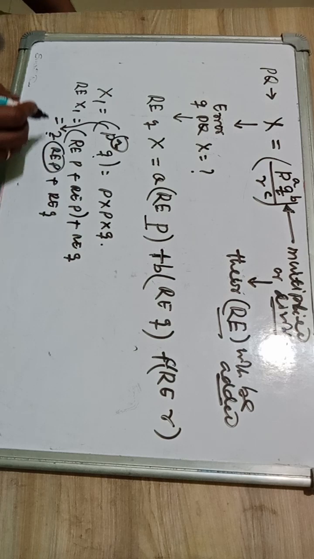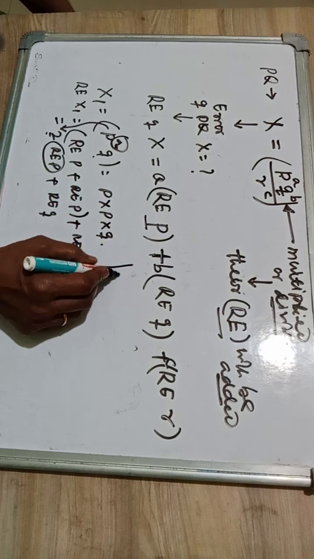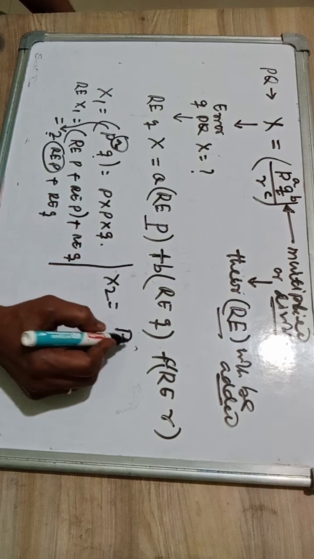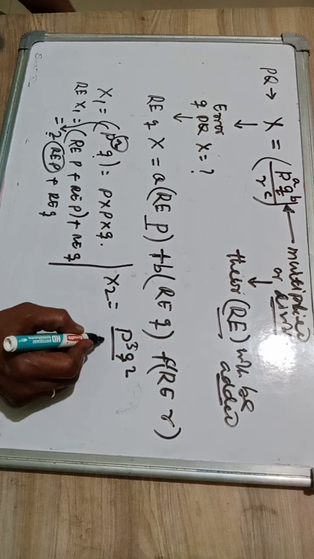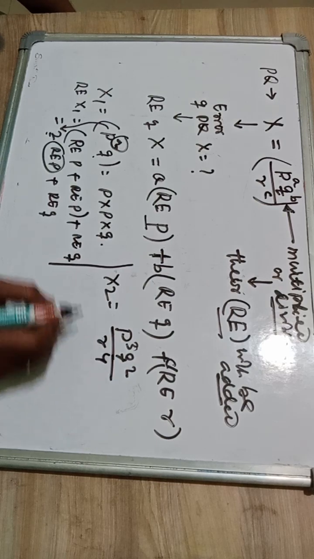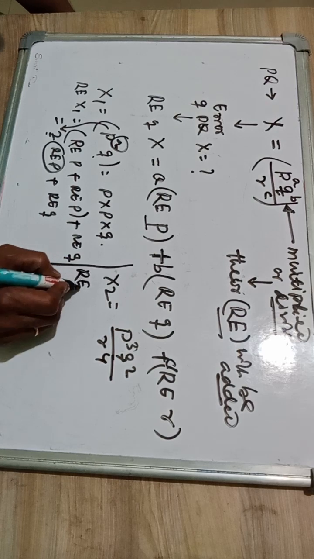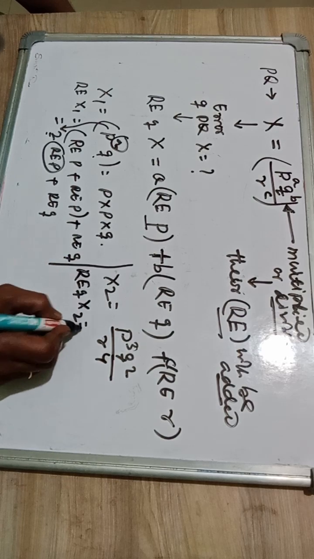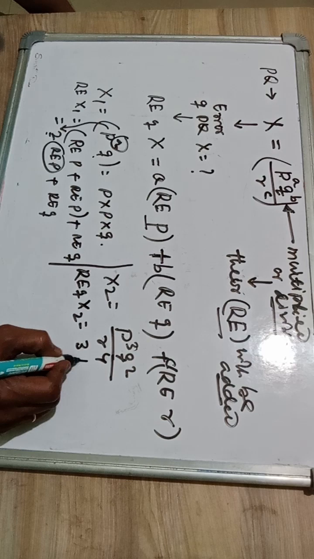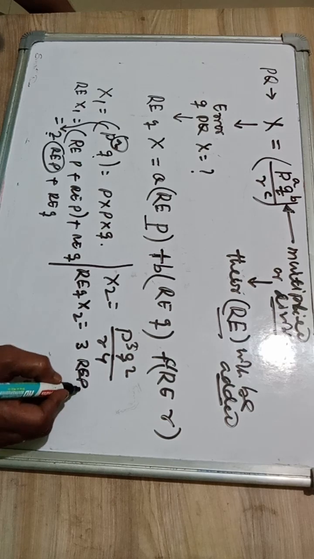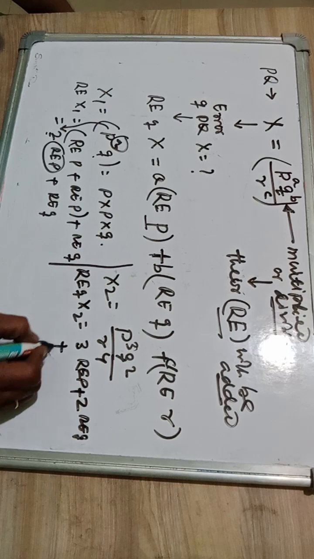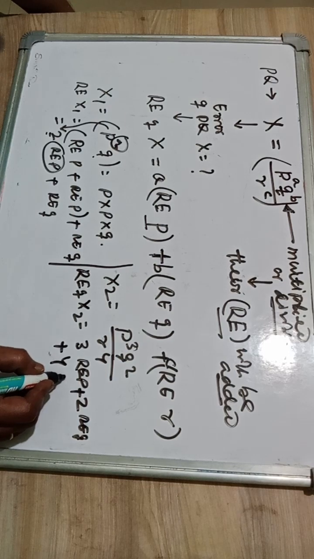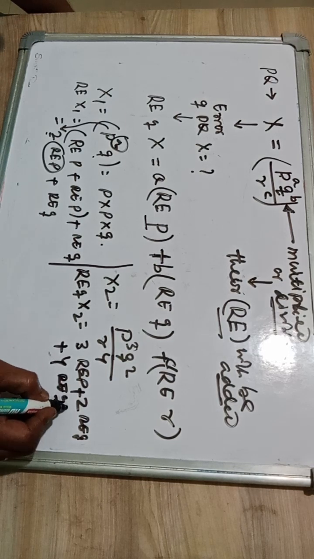In similar way, if X2 is equal to P cube Q square R to the power 4, then relative error of X2 will be 3 times relative error of P plus 2 times relative error of Q plus 4 times relative error of R.